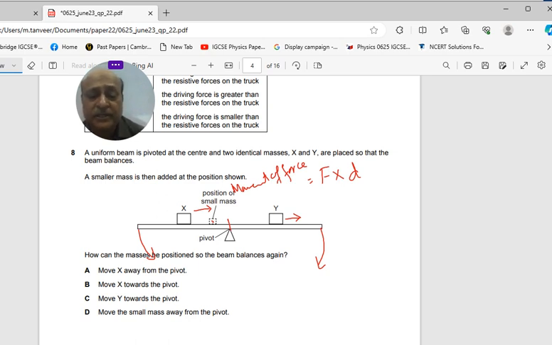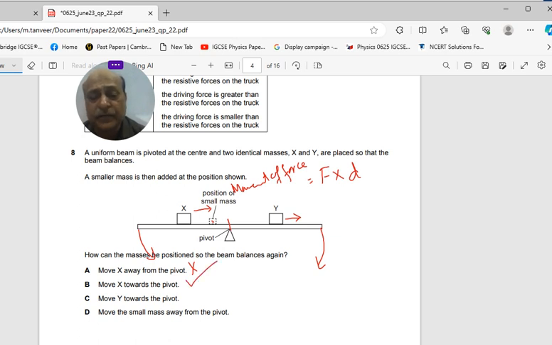Now the options which are given. Move X away from the pivot. If you move X away, you are increasing the distance and increasing the anticlockwise torque more, so this is wrong. Move X towards the pivot. This is correct. When you move X towards the pivot, the distance decreases and its anticlockwise torque decreases, which was increased due to this mass.